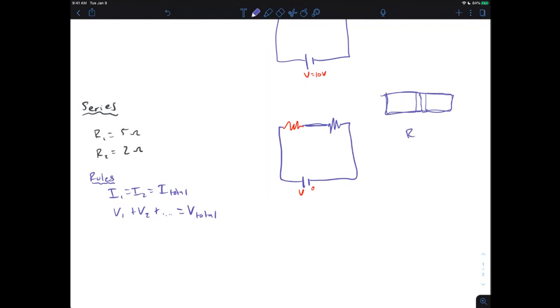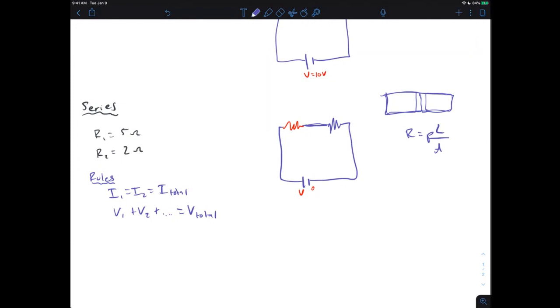When we did our resistivity lab, remember, all I'm doing is combining this length here with this length here. I'm just adding them together and making this longer. So I'm increasing this resistance by making it longer.